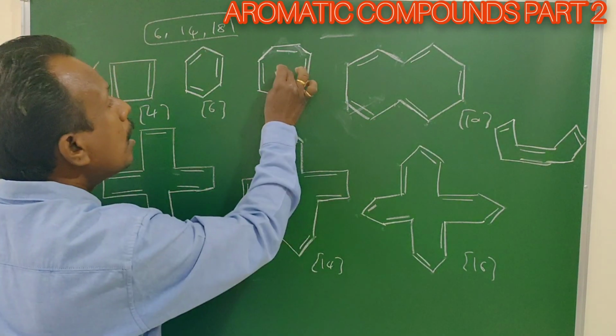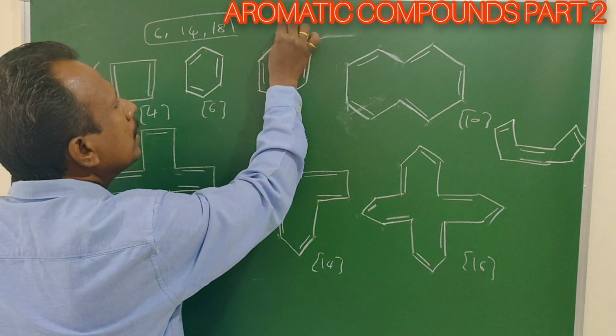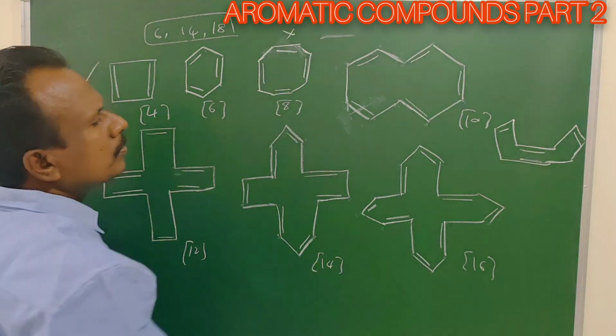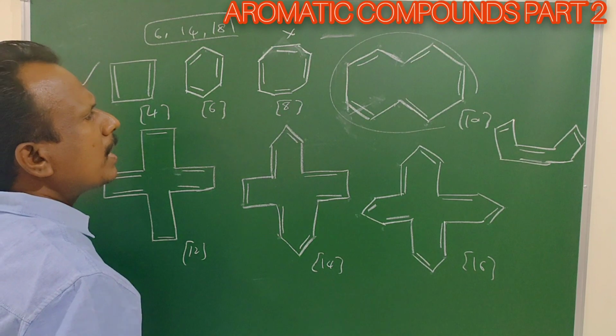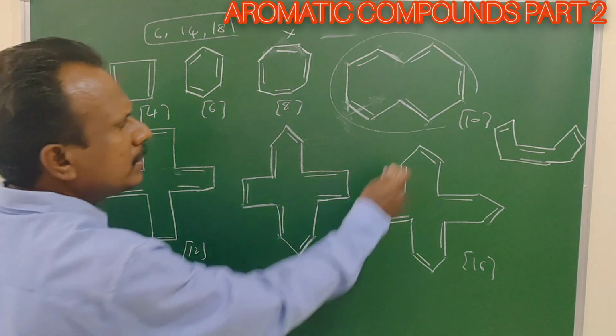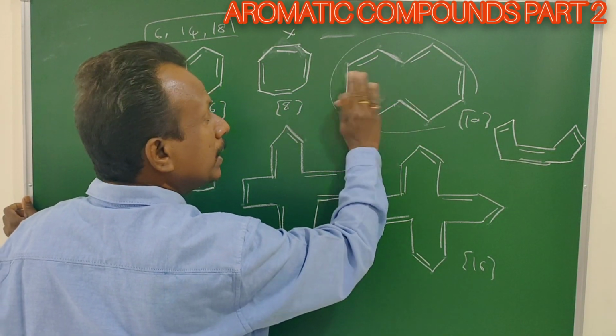So it is non-planar, so non-aromatic. [10]Annulene is also non-planar and non-aromatic. Remember, all the carbons are sp2, but it is not planar.